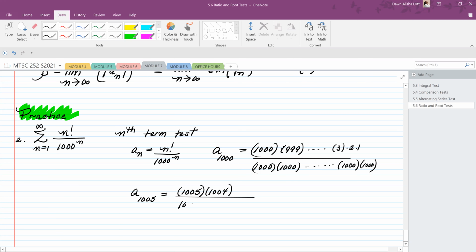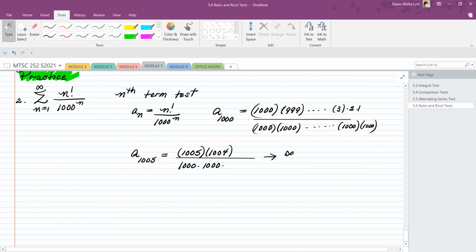Nothing you can do, they're always 1,000. So when you're looking at the a 1 millionth term, now you've got numbers in the millions in the numerator and numbers in the denominator that still stay 1,000. So this actual number goes to infinity. So by the nth term test of divergence, this thing diverges.